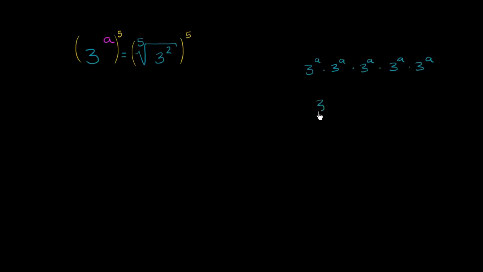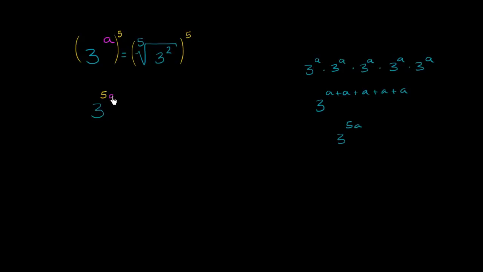That's going to be 3 to the a plus a plus a plus a plus a power, which is the same thing as 3 to the 5a power. So the exponent property here is, if you raise a base to some exponent and then raise that whole thing to another exponent, that's the equivalent of raising the base to an exponent that is the product of these two exponents. So we could rewrite this left-hand side as 3 to the 5a power.